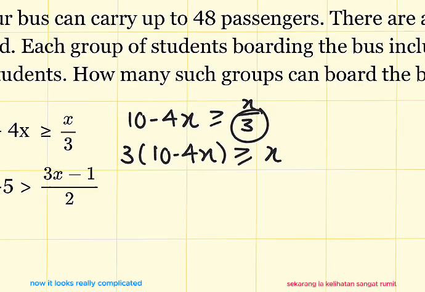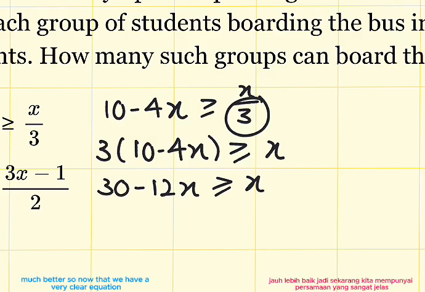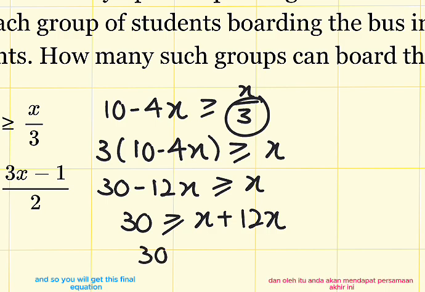Now it looks really complicated, so let's just expand this equation. Much better. So now that we have a very clear equation, let's isolate x by moving x to the right side. So you add 12x to the left, and you add 12x to the right. And so you will get this final equation for you to solve.